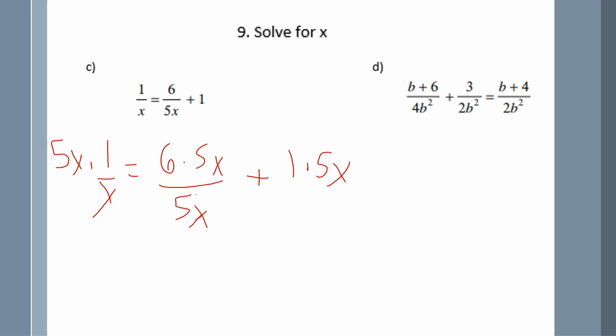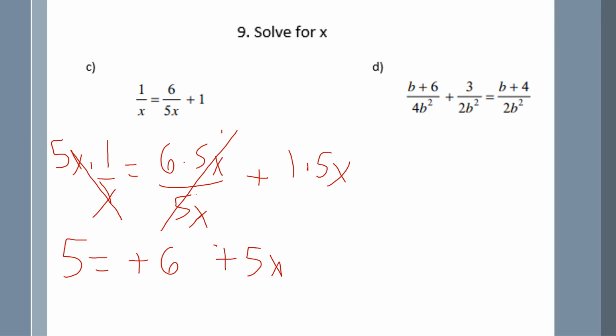Let's go ahead and get this started. On the left hand side, the x's cancel out, and that's going to be 5 equals. Here, the 5x's cancel out, plus 6, and 1 times 5x is just plus 5x.